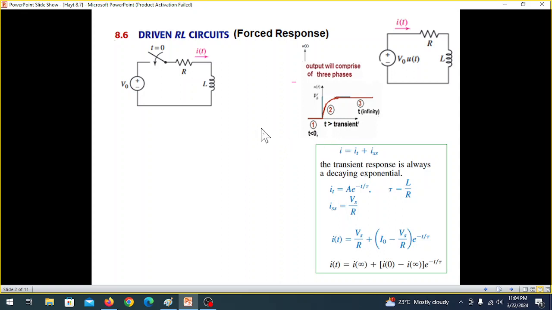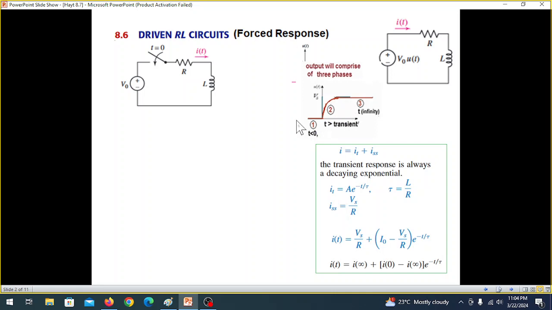Now I have taken help of Mr. Alexander's book, since that is the book I have been following in my class. There are two things we have to keep in mind. If you look at this diagram, this is actually a capacitor charging circuit. There are three portions of it.